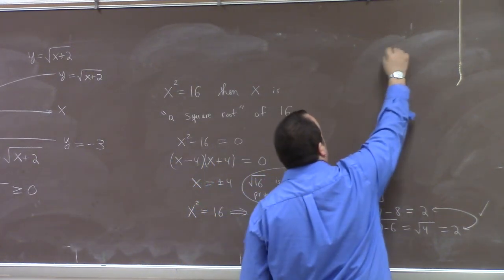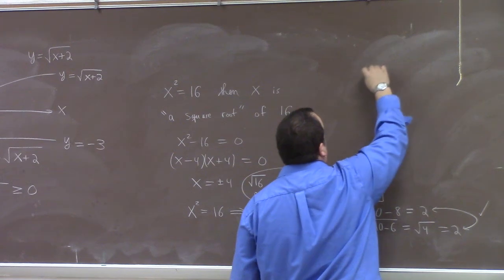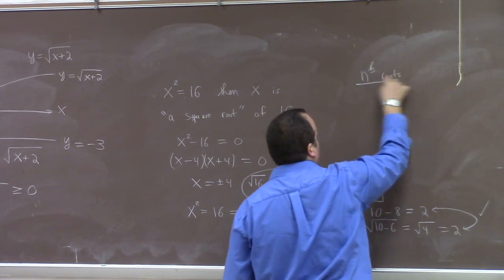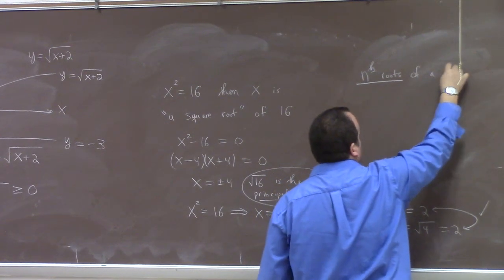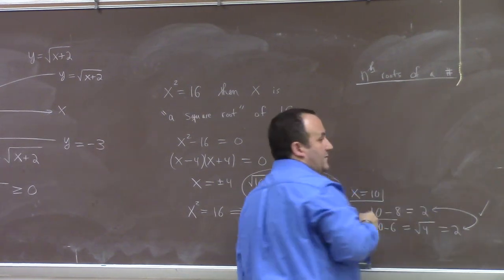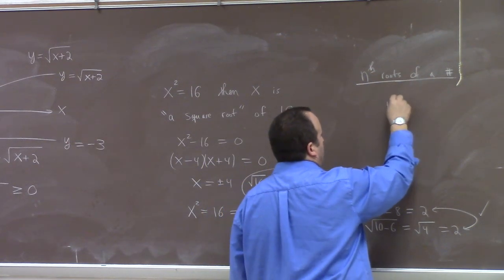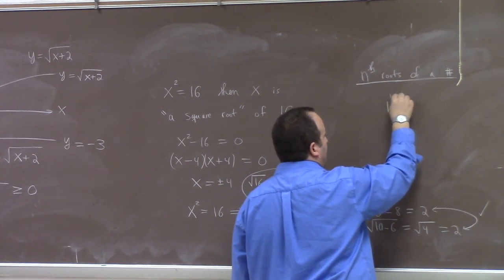In complex analysis, you can talk about the nth roots of a number. So, for example, you can talk about the third roots of unity.